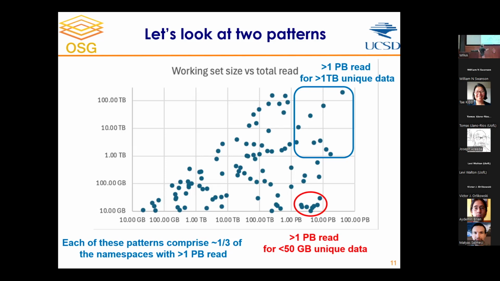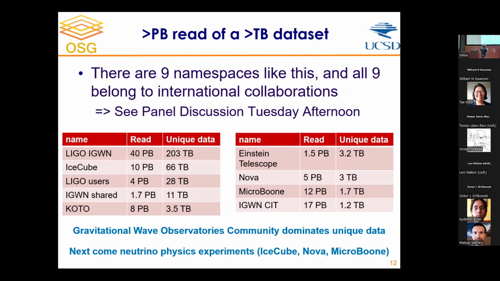And who are these people? It turns out that they are very, very distinct groups. In fact, the people who have a petabyte read but have more than a terabyte unique are all from international collaborations. It's the kind of LIGO, IceCube, KOTO, dominated either by gravitational wave observatory communities or by neutrino physics experiments.